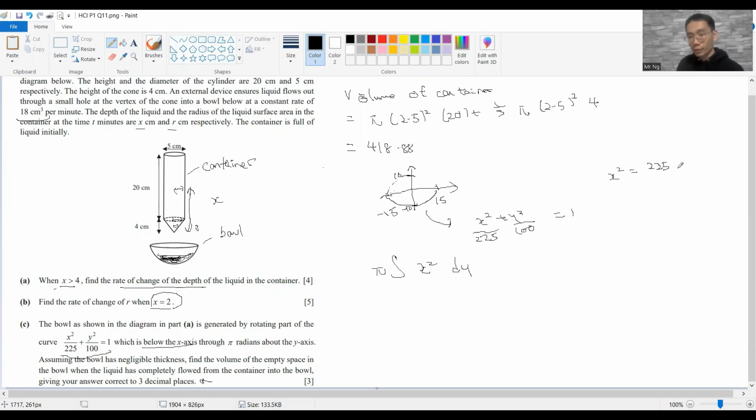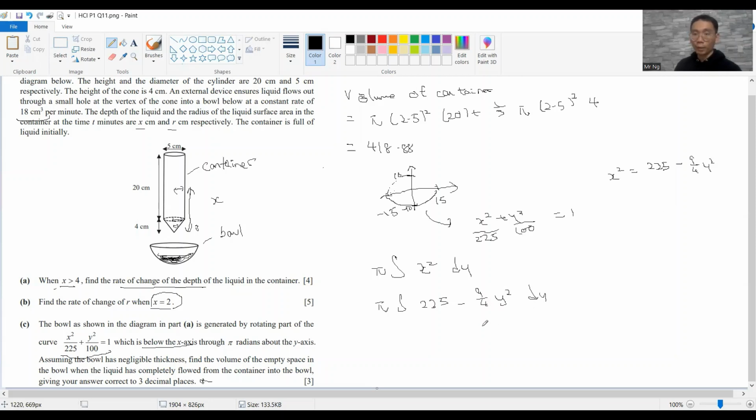225 minus 9/4 y square. Okay, so this one is pi integrate 225 minus 9/4 y square dy.